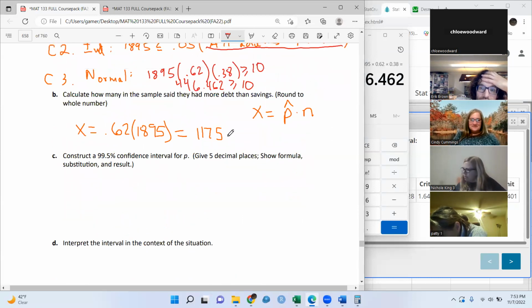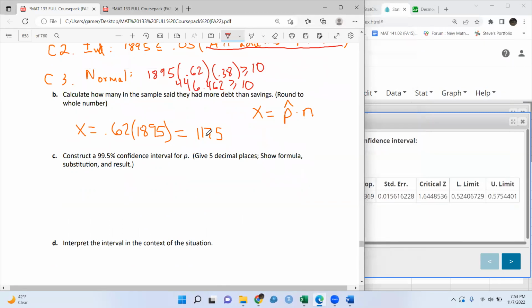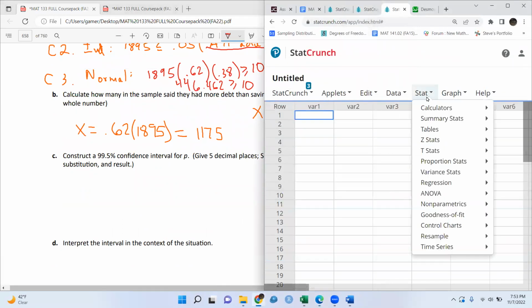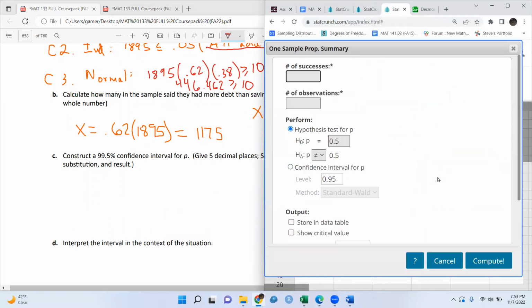Did you all get the confidence interval already? I'm just gonna put the answer down for the confidence interval and let you copy and paste the substitution stuff. So just as a reminder, proportion stats, one sample with summary.